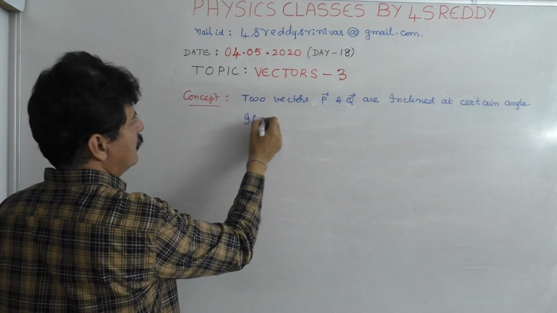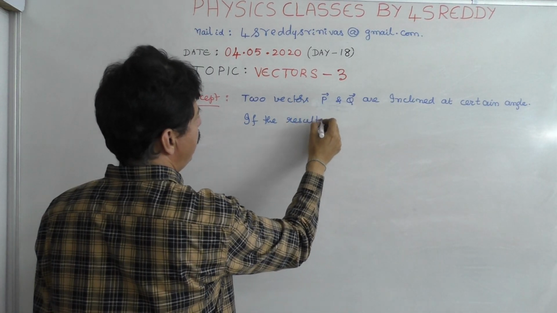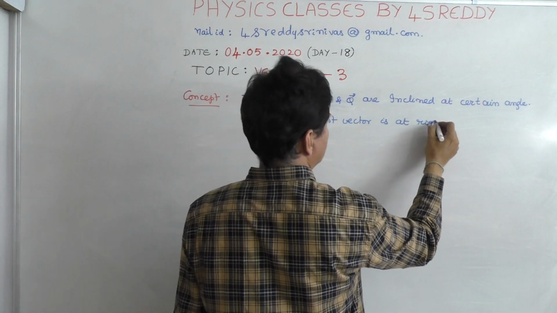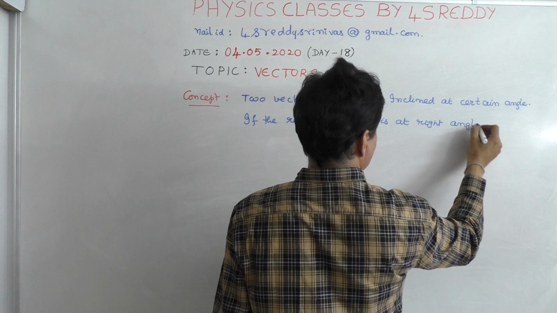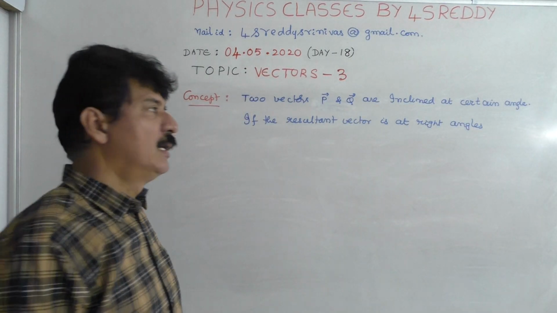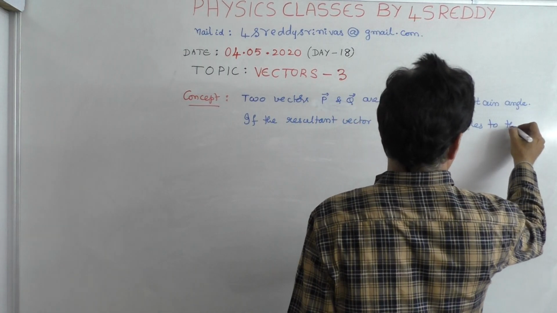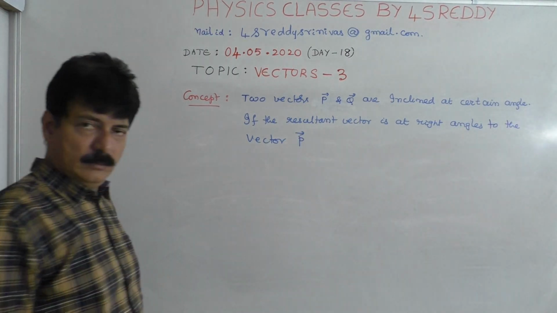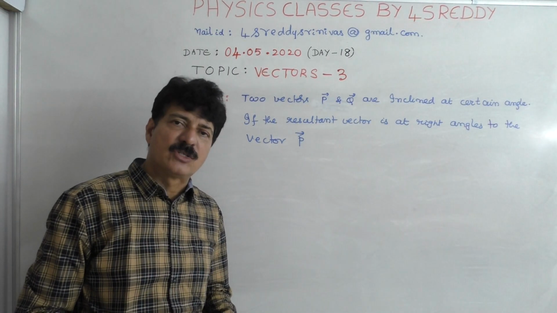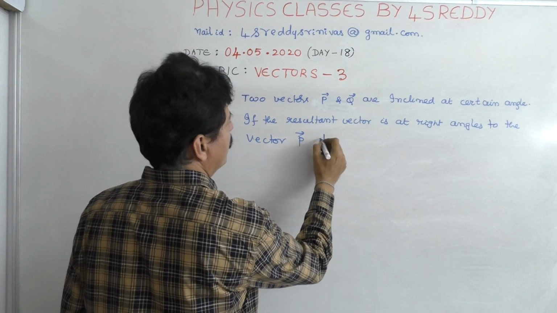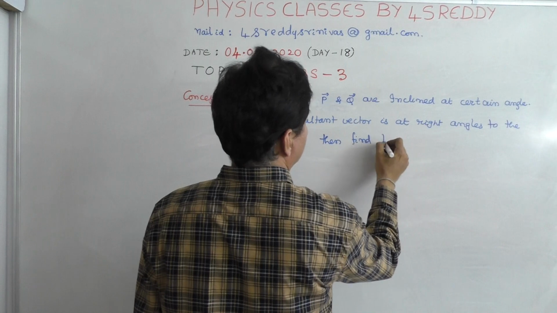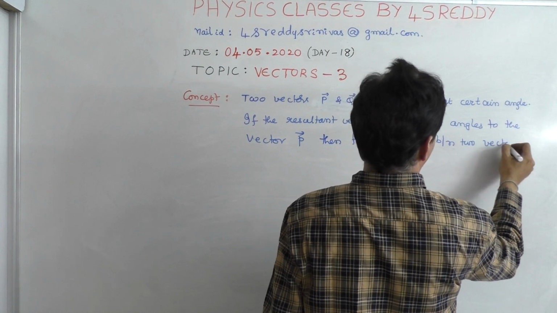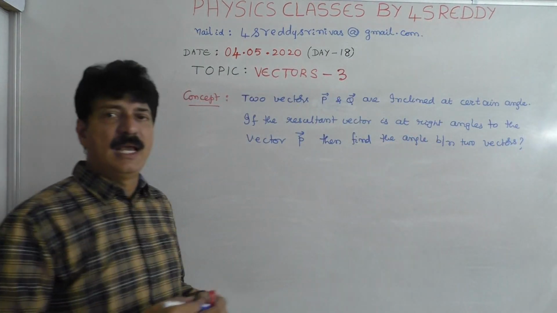If the resultant vector is at right angles to the vector P bar, then find the angle between the two vectors. This is another important question we have.